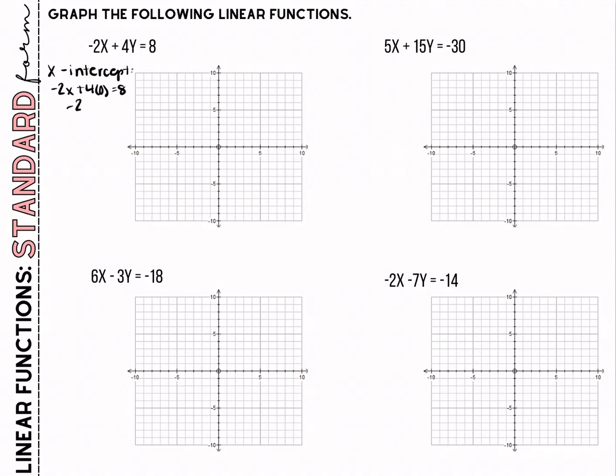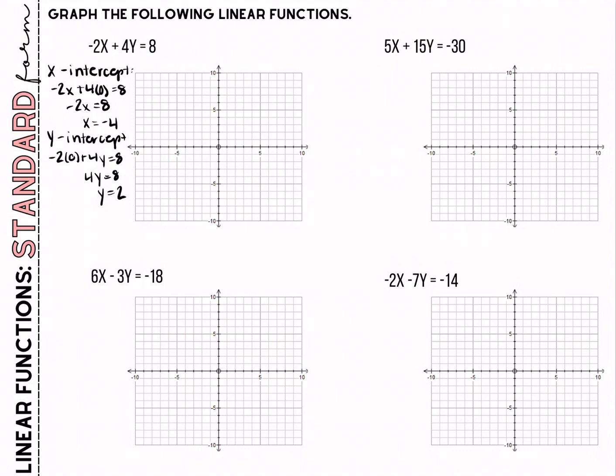That's negative 2x equals 8, so x is negative 4. Then I find the y-intercept: negative 2 times 0 plus 4y equals 8. So 4y equals 8, so y equals 2.